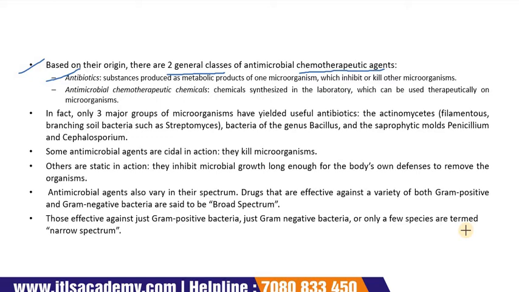Antibiotics are substances produced as metabolic products of one organism which inhibit or kill other microorganisms. The antimicrobial chemotherapeutic chemical is synthesized in the laboratory and can be used therapeutically on microorganisms on other surfaces.